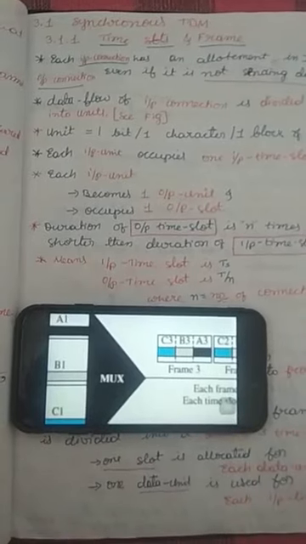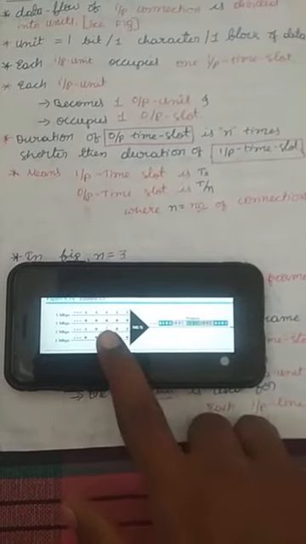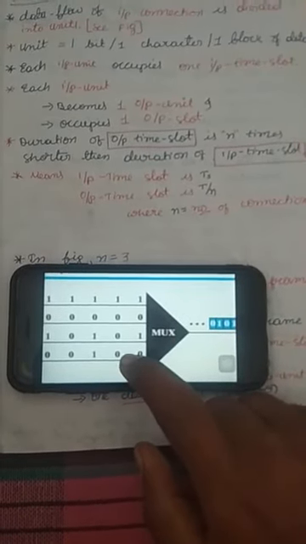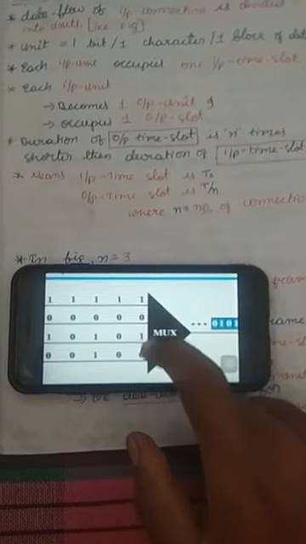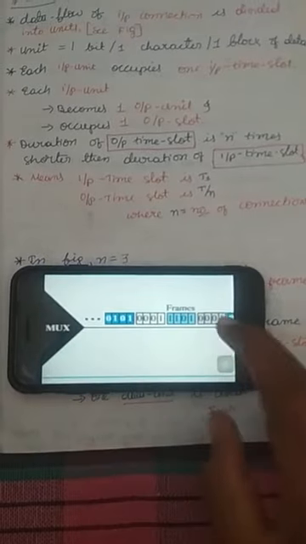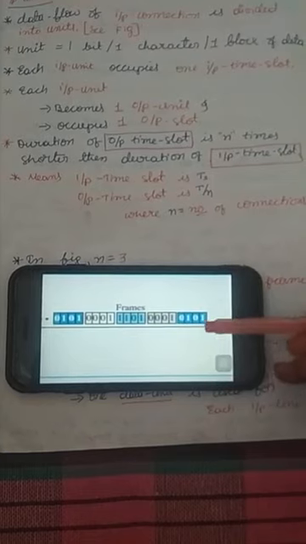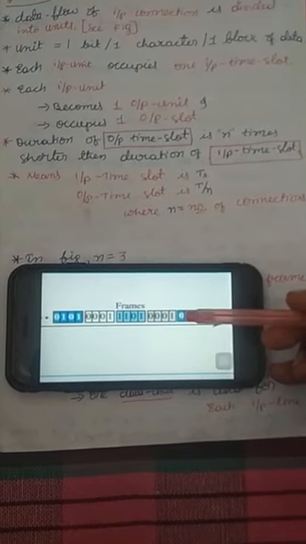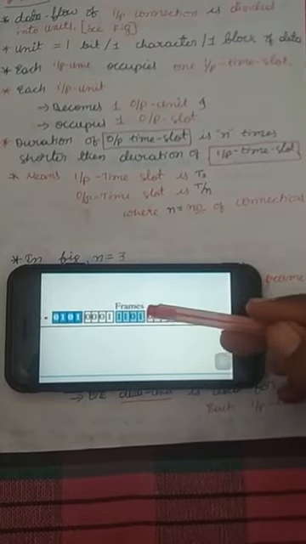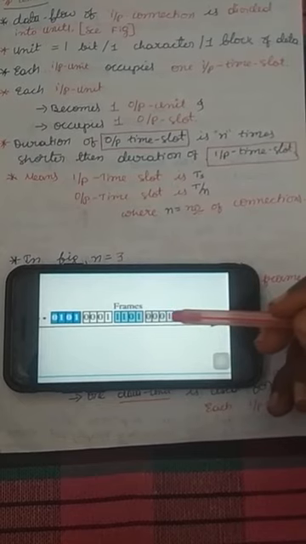Okay. For better understanding, consider this figure. Here you can see that there are 4 connections: 1, 2, 3, 4. Then the frame will be divided into 4 slots. Consider here 1, 2, 3, 4. This is one slot, here to here is another slot. Here to here is one frame.